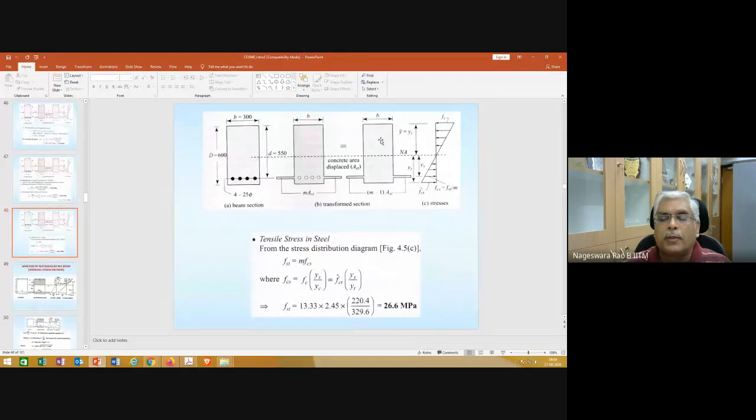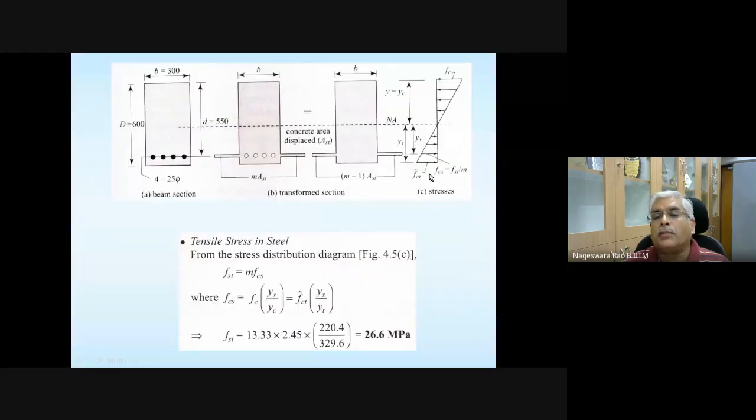Top fiber is in compression, bottom fiber is in tension. So this is what we calculated: FC, the compressive stress in concrete in the extreme fiber, and also the tensile stress in concrete in the extreme fiber, the bottom fiber, F tilde CT.